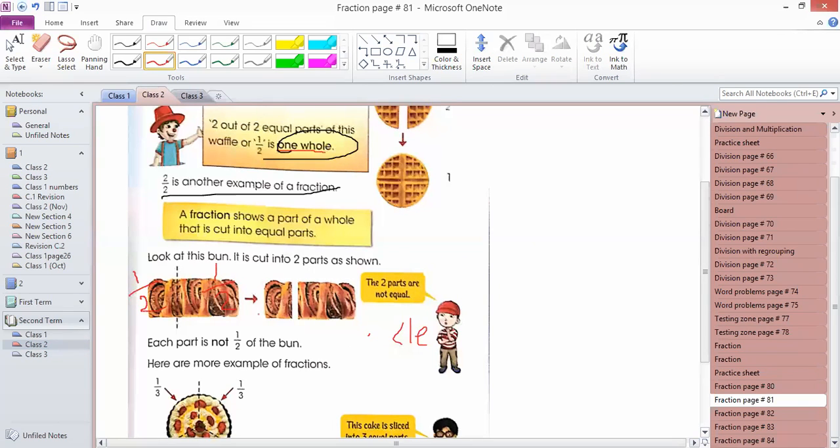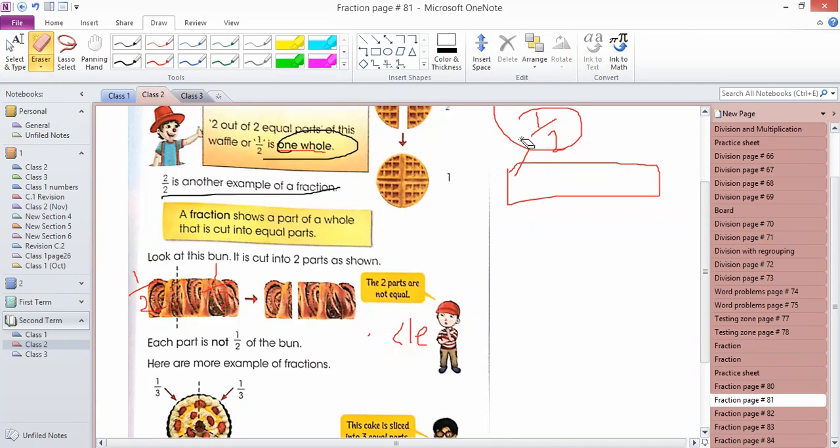You can say, sir, we divided into two parts, and this part is one part out of two parts. So why can't we write 1/2? The answer is because you have not divided equally.